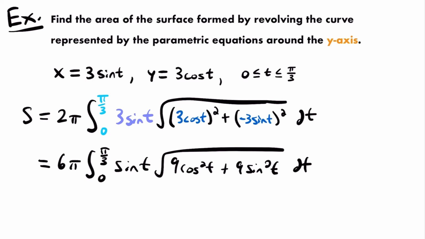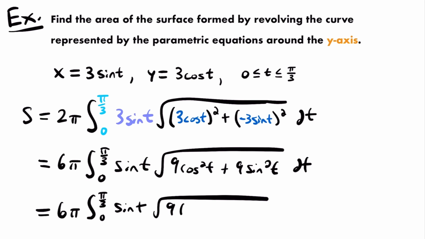So if we do that, this will be equal to 6 pi times the integral from 0 to pi divided by 3 of sine t times the square root of 9 times cosine squared t plus sine squared t. And now what we can do is take the square root of each of these parts. We can take the square root of 9 and the square root of cosine squared t plus sine squared t.